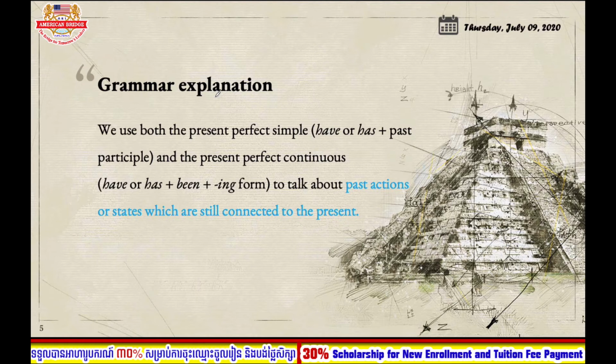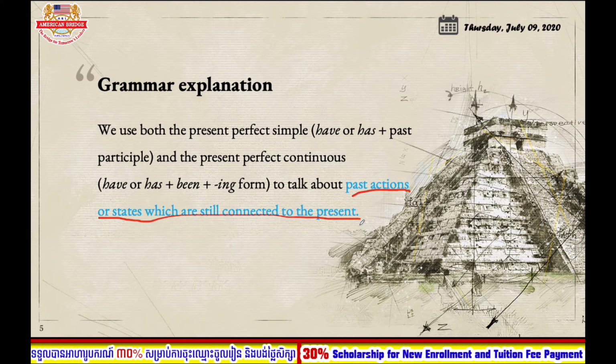For the present perfect simple and the present perfect continuous, both these tenses are used to talk about a past action, which means it happens in the past, and it is stated which is still connected to the present. Compared to the past simple, present perfect still has an effect up until the present time.